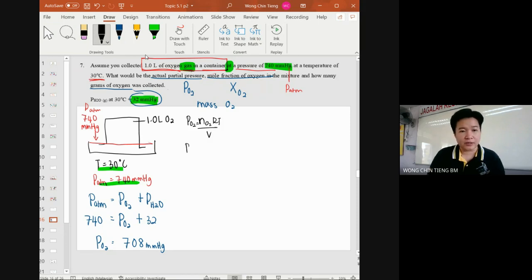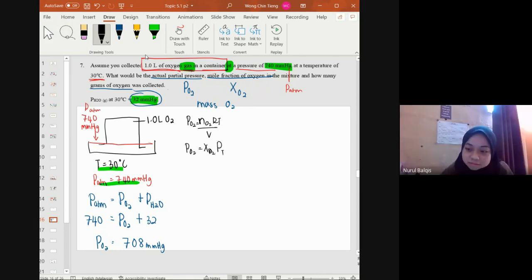Ataupun yang kedua, the mole fraction of oxygen, partial pressure of oxygen, P total. Satu dengan dua. Kita guna yang pertama ke yang kedua? Atau dua-dua pun boleh.